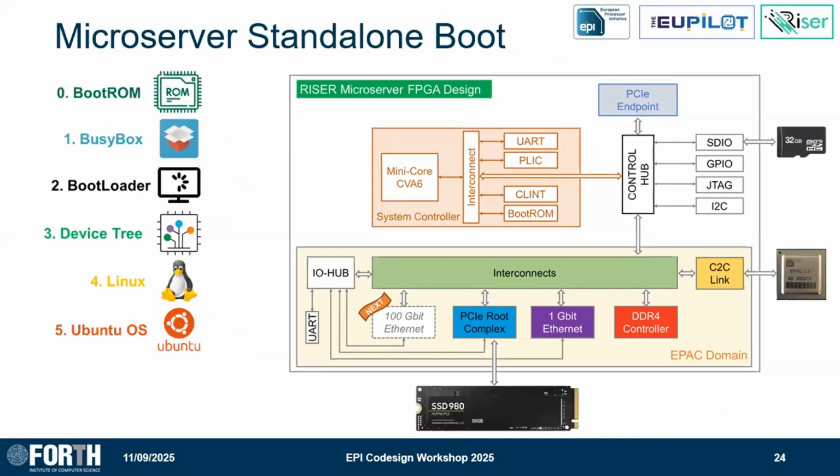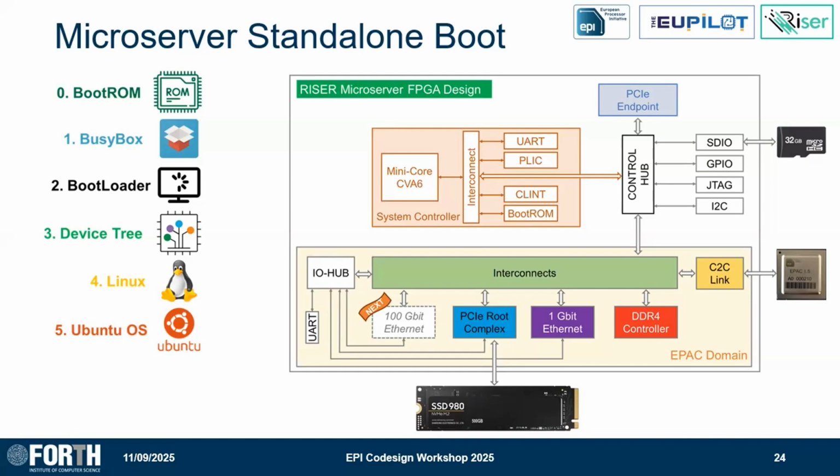And then with this, you start doing nice things. When you power up, the system controller starts in a boot ROM. It goes into the SD card, loads things in memory, and now initializes the link, initializes the chip, and then the chip starts running Linux, which initializes the PCI root complex, which reads the root file system from disk. So this is completely standalone. You don't need network.